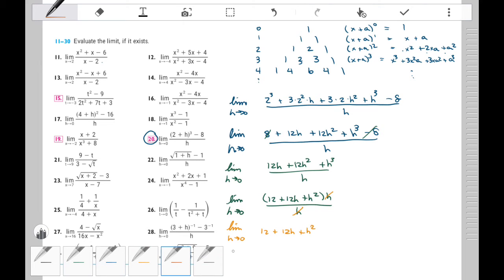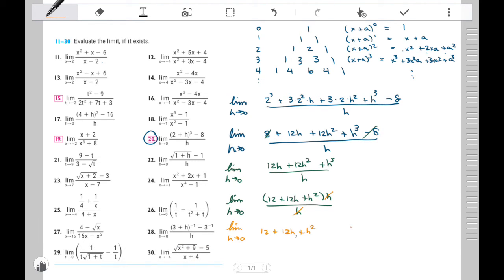If h is 0, then we have 12 plus 12 times 0 plus 0 squared, which is 12. So this limit is going to approach 12.